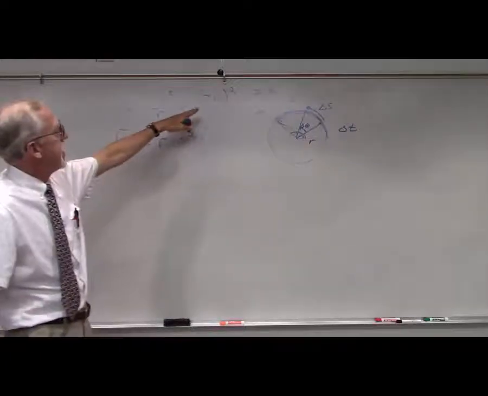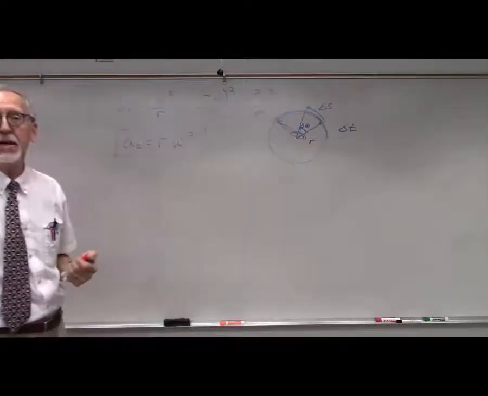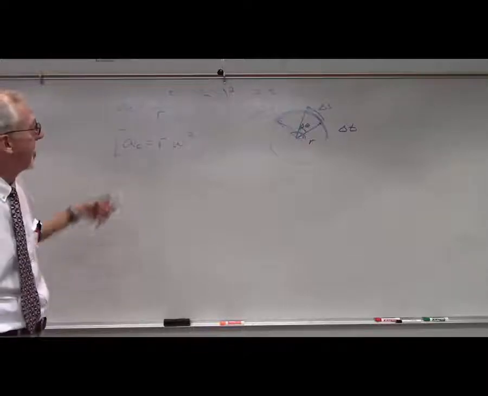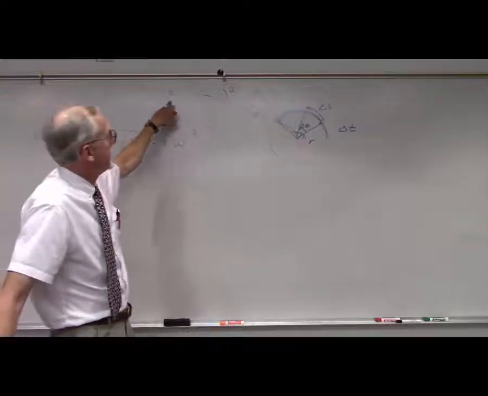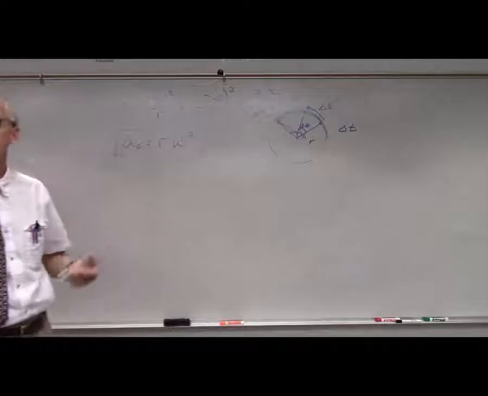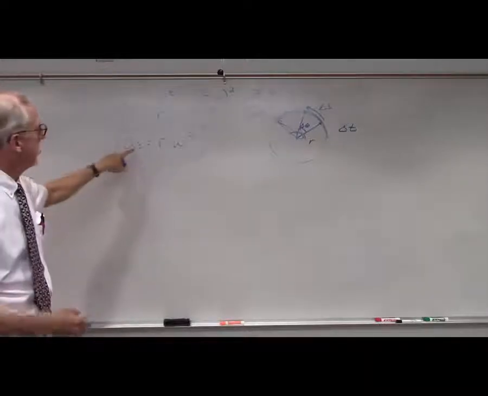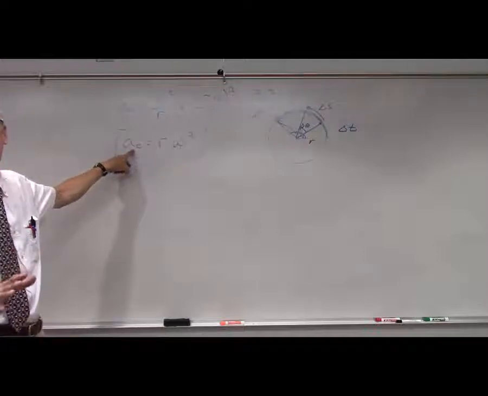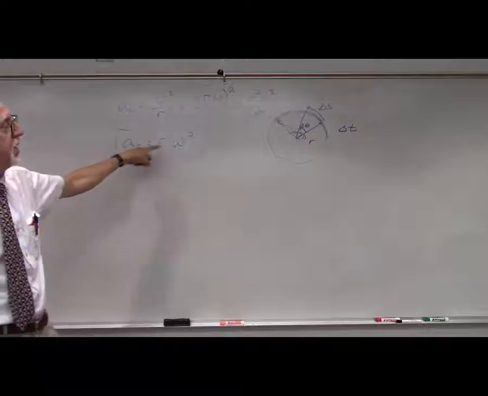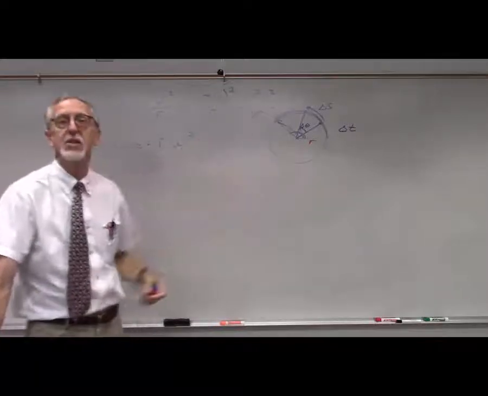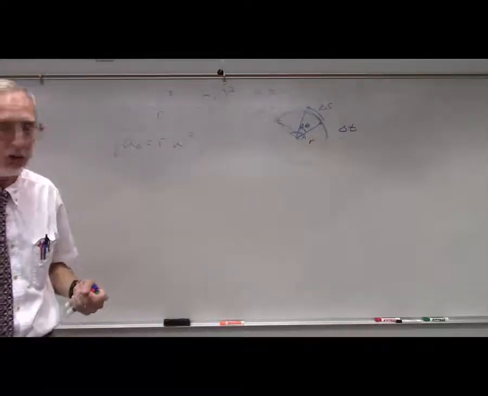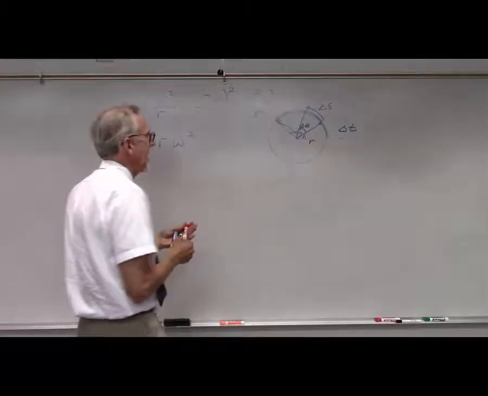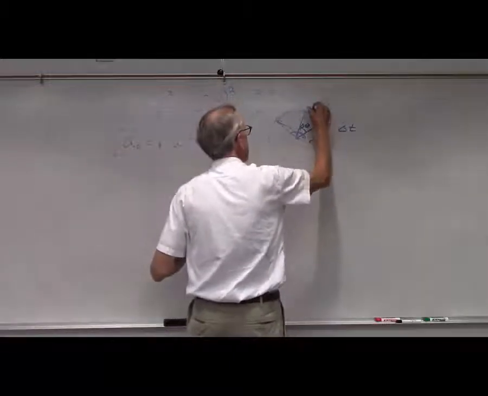Now, what if omega is changing? If omega is changing, we know we also have the velocity is changing, which means we have a linear acceleration as well. So this is an acceleration, the centripetal acceleration, that we have even if the speed of the motion is constant. However, if the speed of the motion is changing, in other words, if we have an angular acceleration, we must likewise have a linear acceleration.